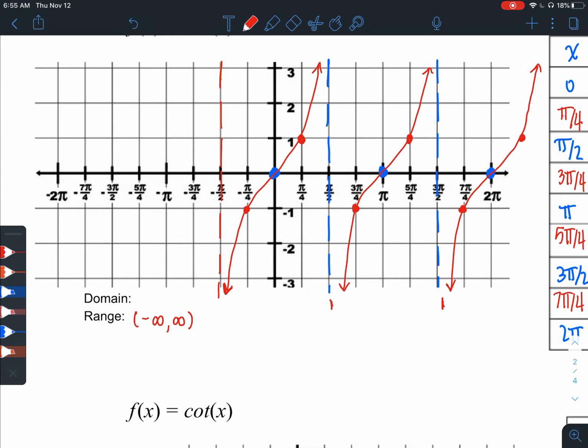Every single asymptote is pi away. So x is not going to be equal to, it starts at pi over 2, so we're going to write it as pi over 2 plus pi n, each of them being pi away, and n being the number of times.